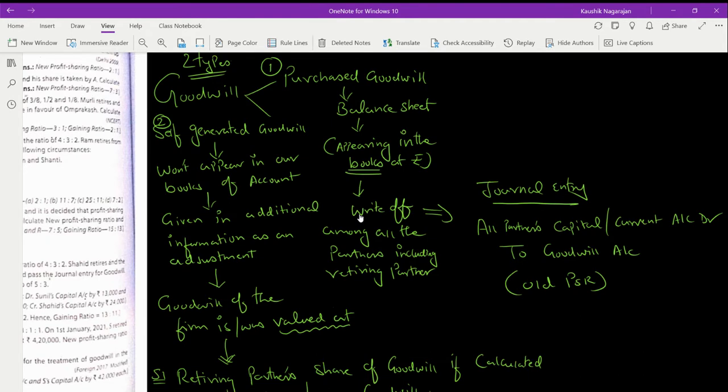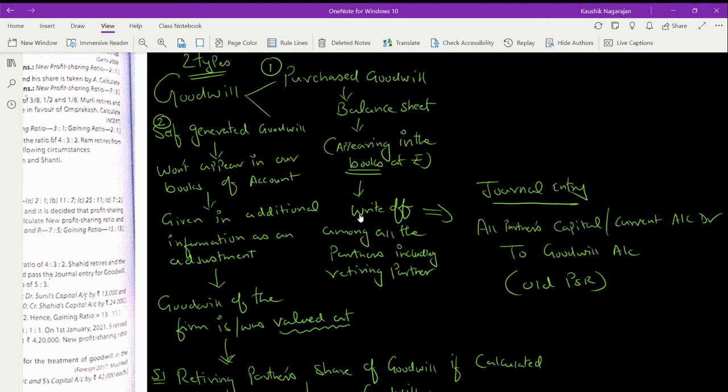The clue word to find out whether it is additional information goodwill or balance sheet goodwill: balance sheet goodwill is appearing in the books, whereas for the goodwill given in the additional information, it will be mentioned as valued at. The item appearing in the balance sheet will be written off, whereas the goodwill appearing in the additional information is used to find out the retiring partner's share of goodwill.